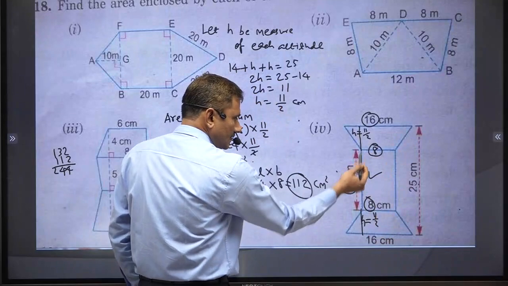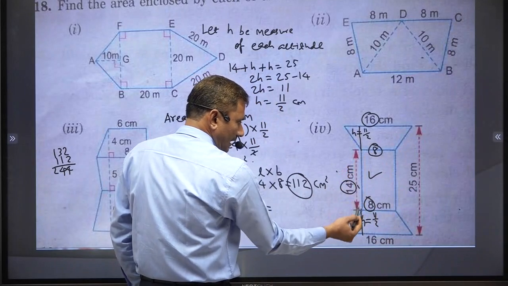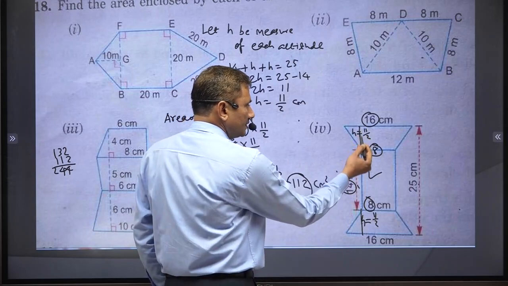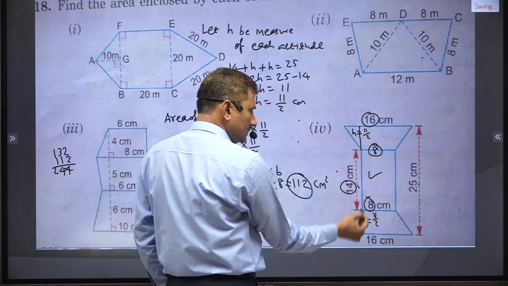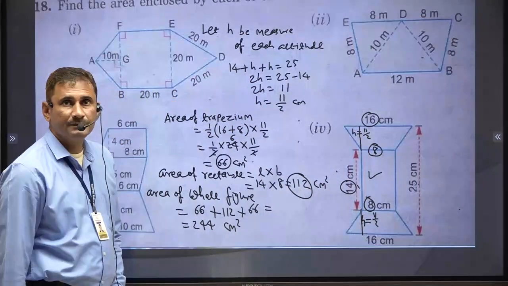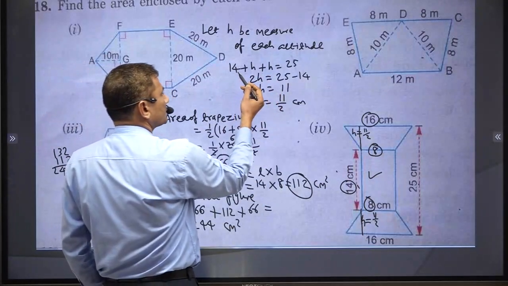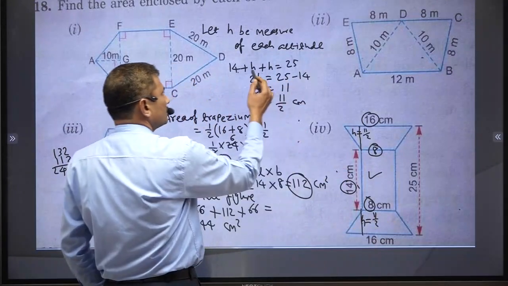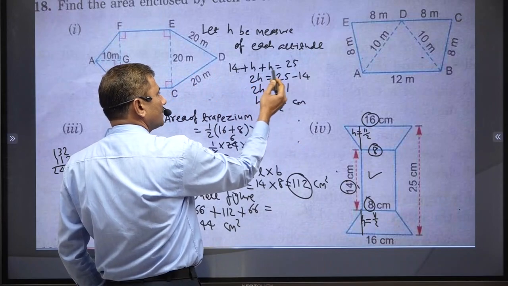Out of this, the length or height of the rectangle is given, 14. So we supposed an altitude and its measurement as h. We got, because the total of all three is 25 from this to that end, 14 plus 2 times h.